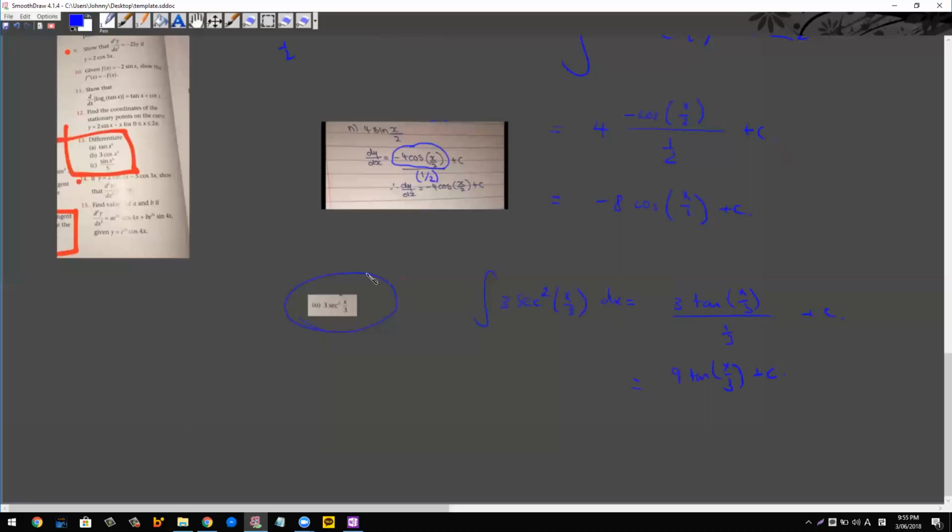Could we do question 10? I'll send it to you. This one here or a different one? Question 10 of the exercise. It's a different one.